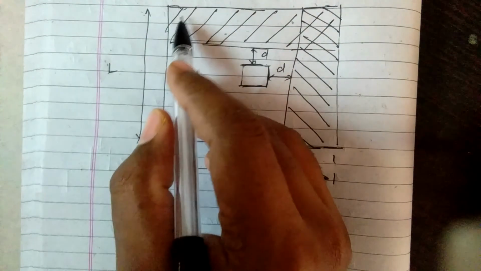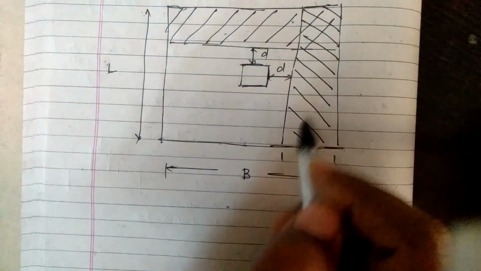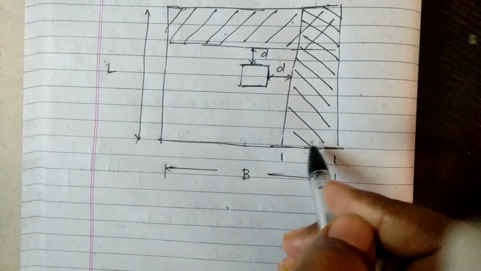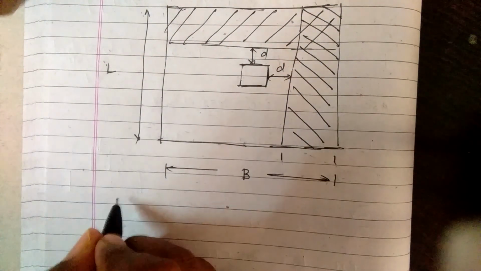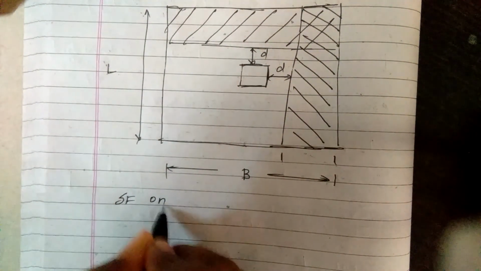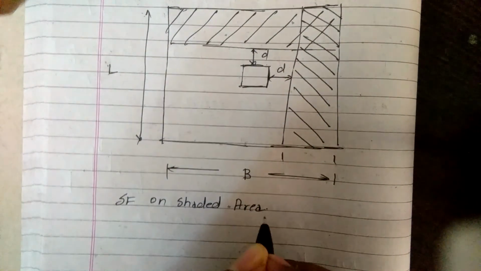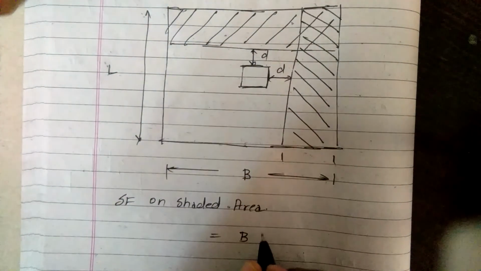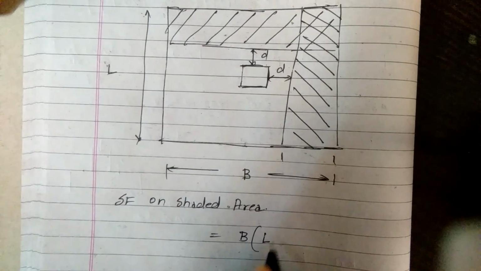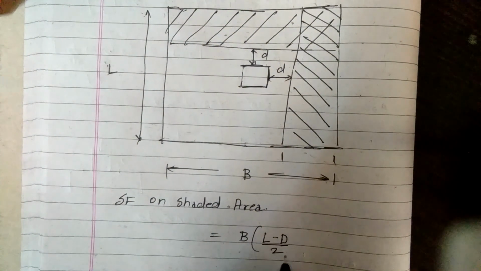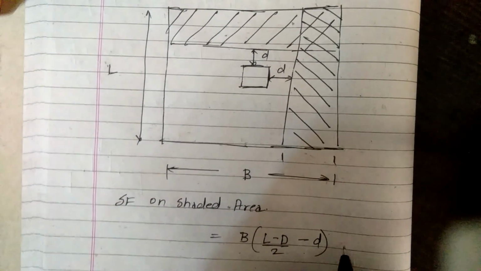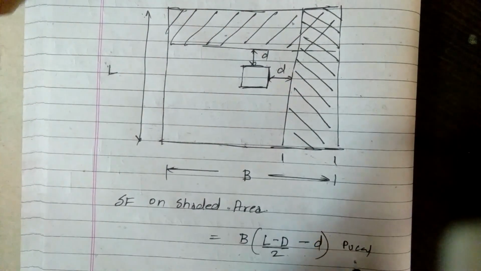See, this shaded area, it is the area where the shear force will act. Okay, shear force on shaded area equals B into L minus capital D by 2 minus d in bracket, PU calculated.